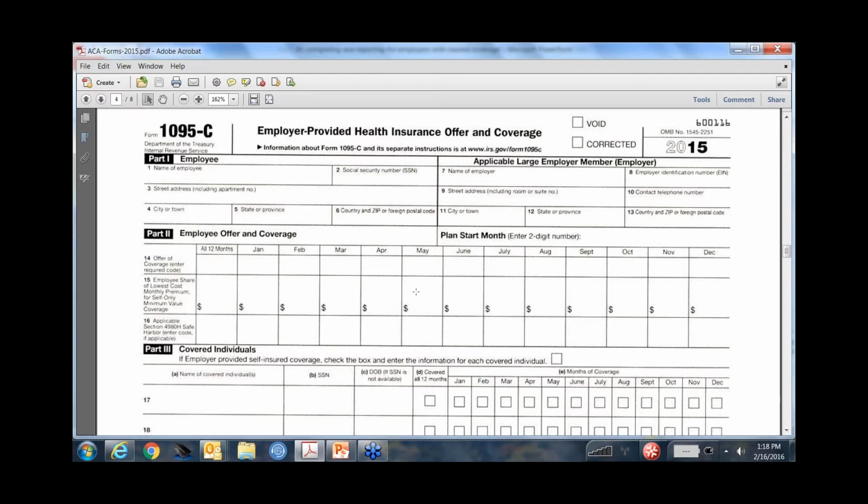If they're full-time, in other words, they always work 30 hours or more, and let's say they worked 2 months, and you had a 3-month waiting period, and they never became eligible for coverage, but they worked 30 hours, and you categorized them as full-time, yes, they would get a 1095C. If they were variable hours, you would not get them.